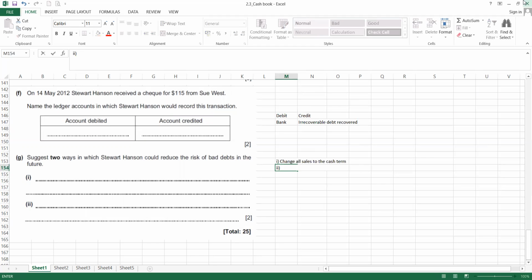If you have no choice and your business has to do credit terms, one way is to hire people to keep on chasing the money.